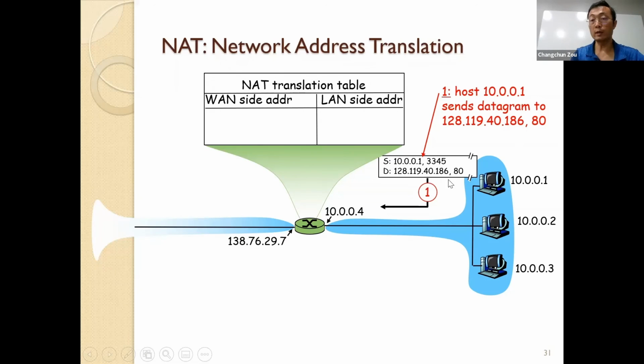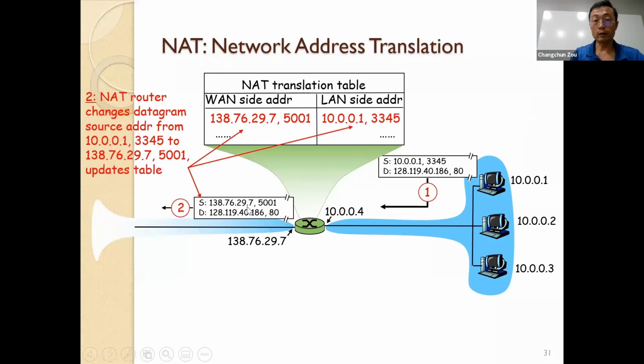When this packet goes to the Wi-Fi router, the router changes the source IP address and source port. When it changes them, it keeps an entry in its translation table, saying that I changed the port from this one to this one, and I changed the IP address from the private 10 address to the global IP address of the Wi-Fi router.